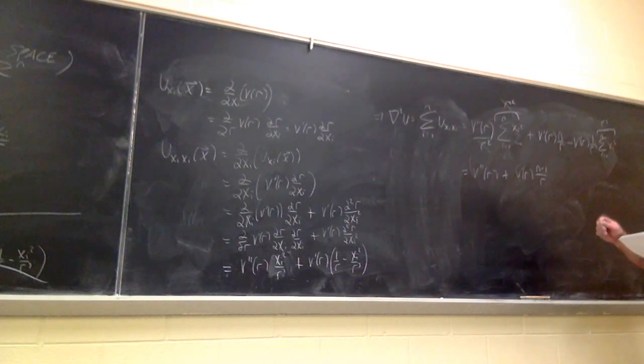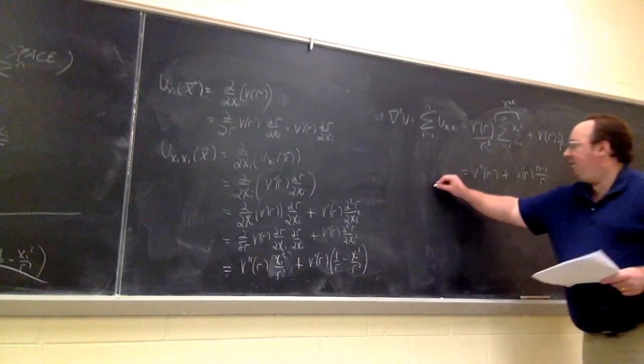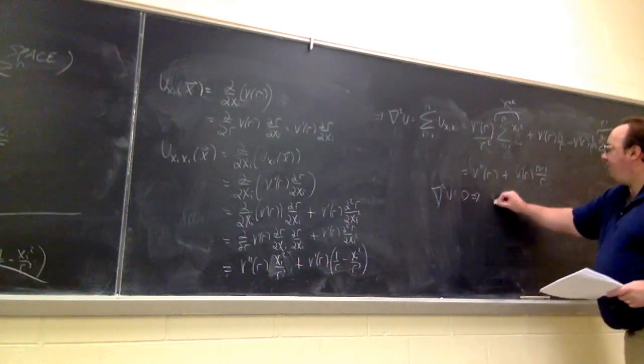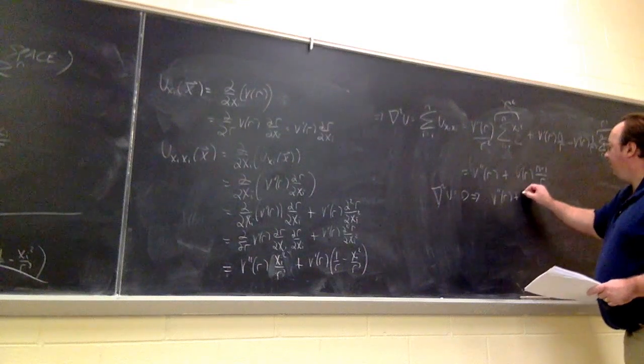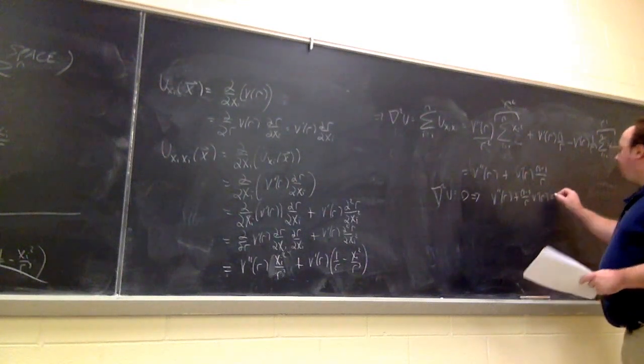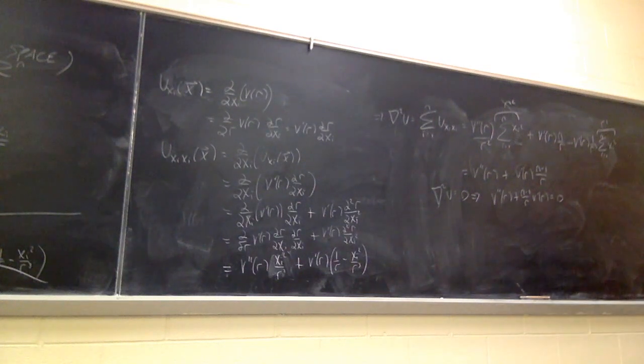So now if we set this equal to 0, so Laplacian of u is 0, I have v double prime of r plus n minus 1 over r v prime of r is equal to 0. It's a second order equation in v, but it's a first order separable linear equation in v prime.